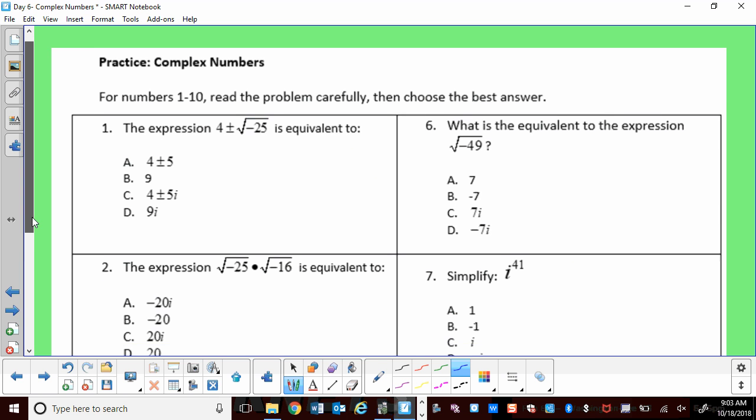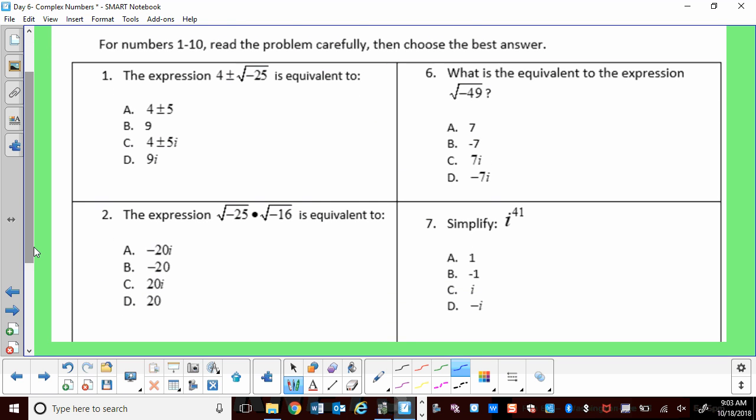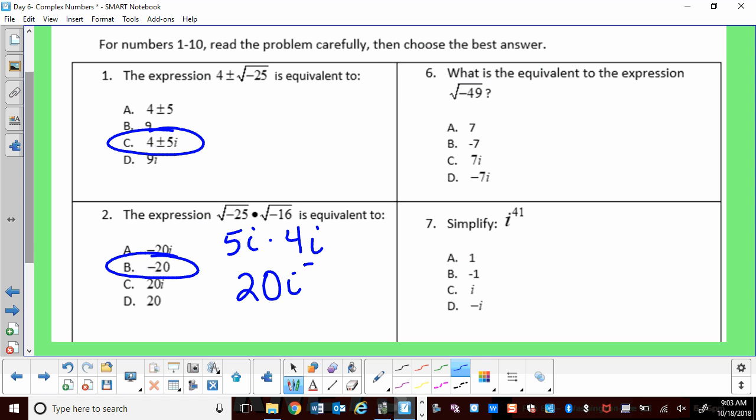All right, some of these are tricky. I was trying to trick you. So let's see here. Number 1, you should get C. Number 2, you should get B. You can put this in your calculator, or you could have done it by hand: this is 5i times 4i, which is 20i squared.